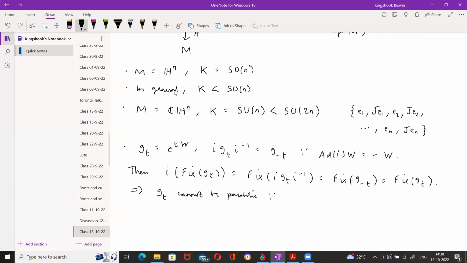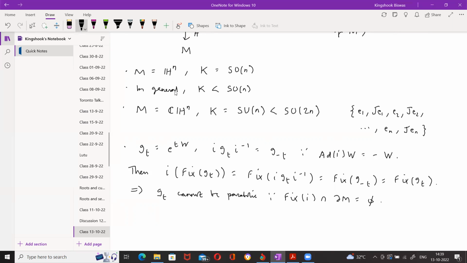Because the fixed points of i intersected with the boundary of M is empty. If g_t was parabolic, then it would have a unique fixed point on the boundary. That fixed point would have to be fixed by i.